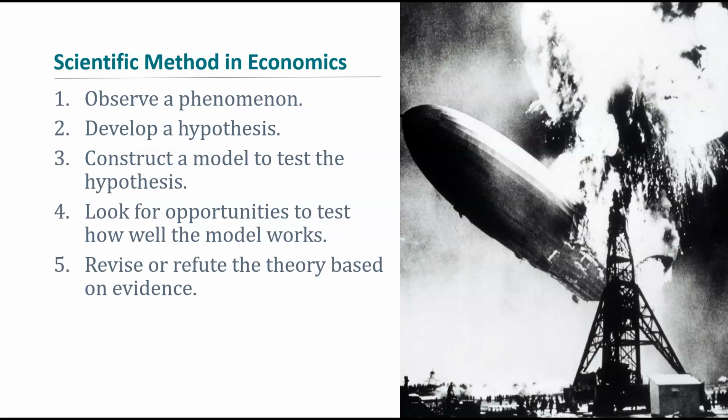And then the next step is you look for some opportunity to test how well that model works, or you devise an experiment, in other words. So in chemistry, you would go back to the lab and you would try over and over mixing the red and the blue to see if every single time you get the same result.